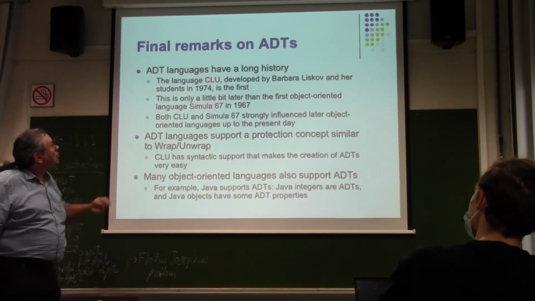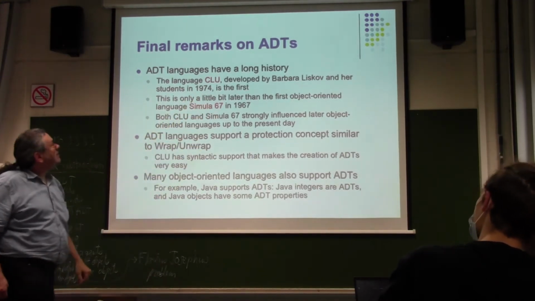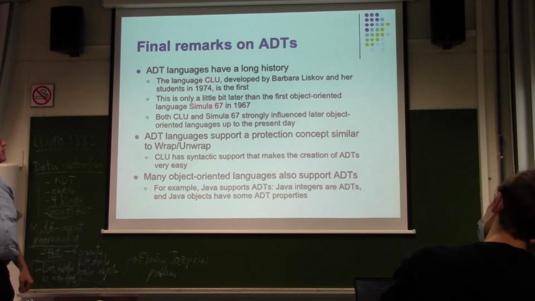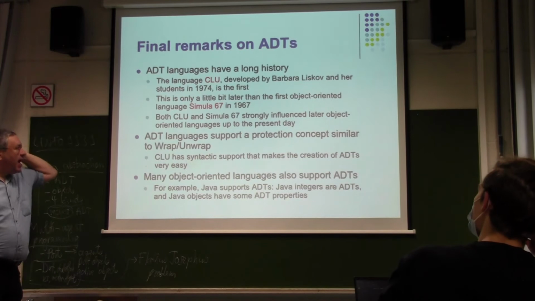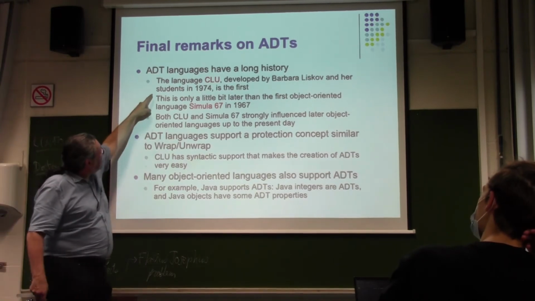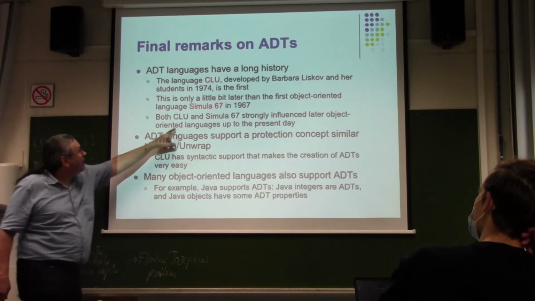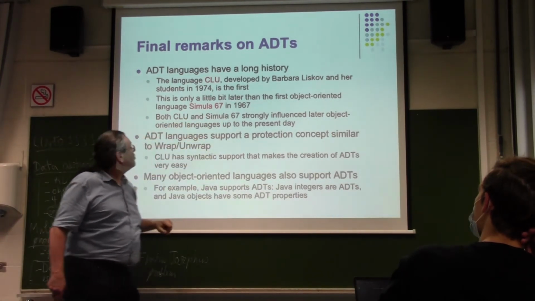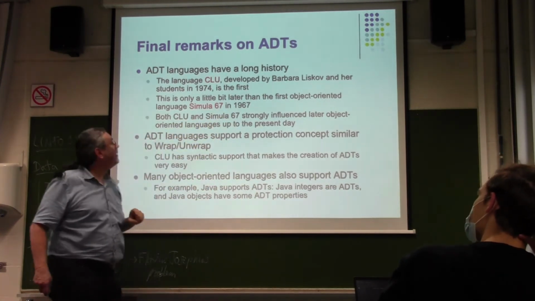Okay. So the first language using abstract data types was developed in 1974. That's a long time ago, the early days of computers. Actually, it's only a little bit later than the first object-oriented language, which is Simula 67. So objects and classes come from Simula, okay?